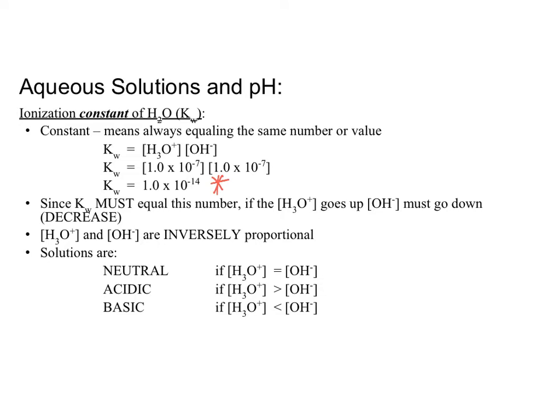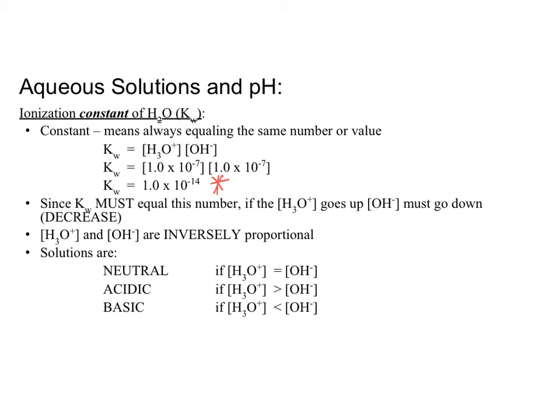But what you really should probably understand also is the fact that the relationship between hydronium ion and hydroxide ion is inversely proportional. So if I increase the concentration of hydronium ion, the concentration of hydroxide ion has to go down because it always has to equal 1 times 10 to the minus 14. So in a neutral solution, hydronium ion equals hydroxide ion.